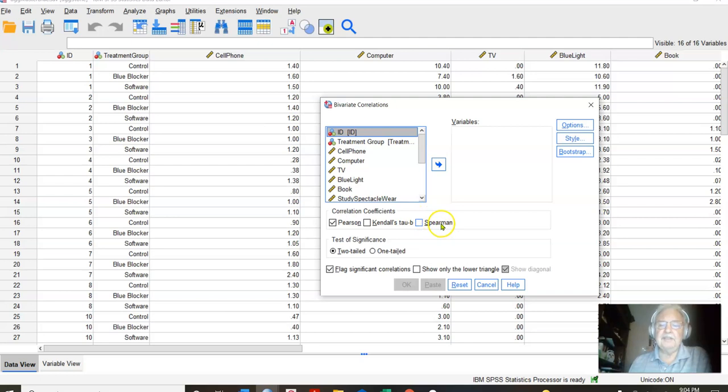For the Spearman, basically, you rank your data across all the data, even across groups.